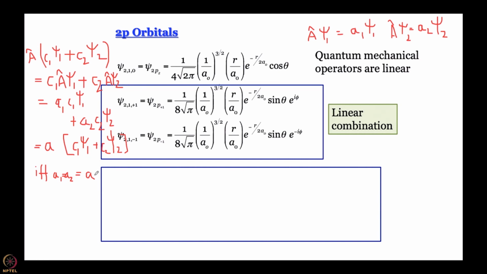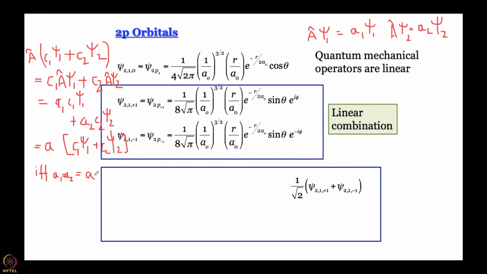Okay. Now, we know what happens when we add, say, e to the power i phi with e to the power minus i phi, it becomes real, or we subtract, right. So, we will use those relationships between trigonometric and exponential forms of imaginary numbers, and this is what we will do. The first linear combination we take is 1 by root 2 multiplied by psi 2 1 plus 1 plus psi 2 1 minus 1.